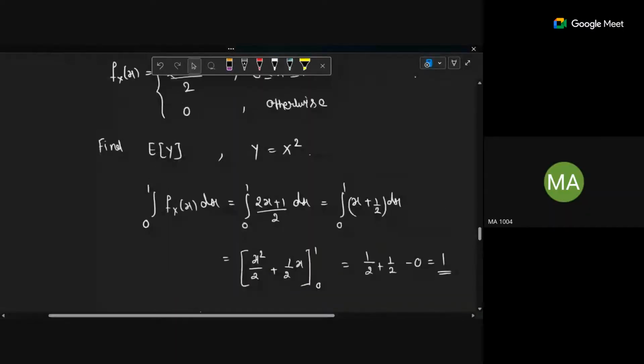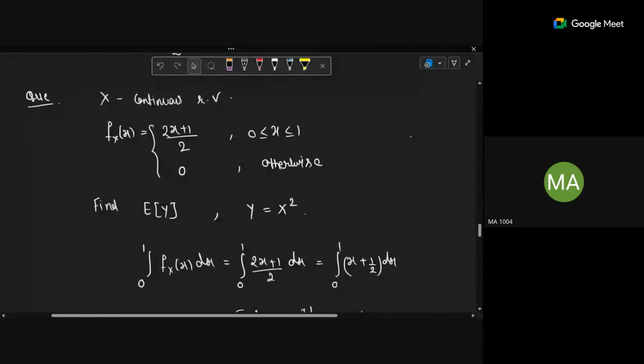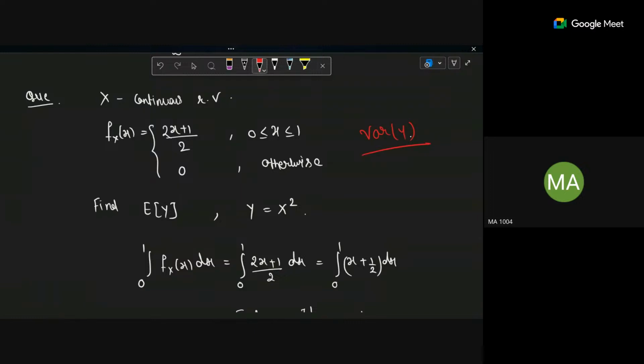If I ask the same question, where X is a continuous random variable having this PDF, and then add one more question, calculate the variance of y, is it possible to calculate it with this much information?